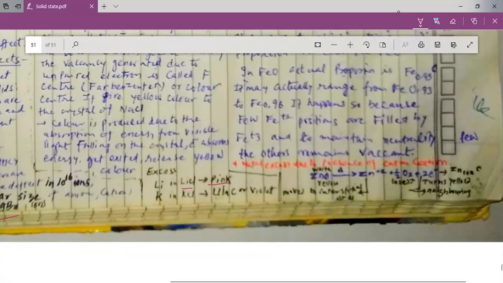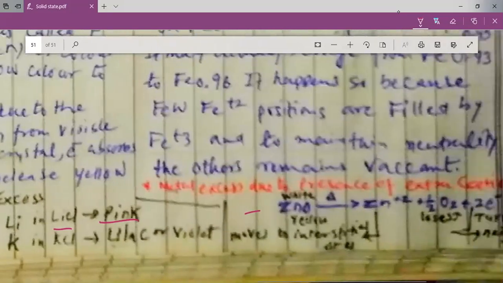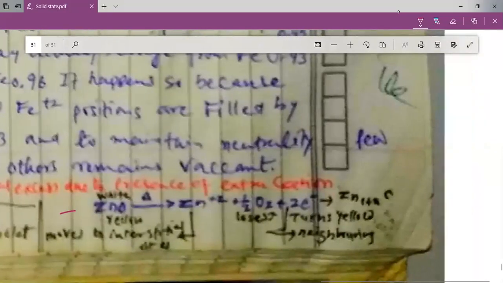Then, my dear students, we have another type of metal excess defect. That is found in the case of zinc oxide. When zinc oxide is heated, my dear students, it produces Zn2+, 1/2 oxygen gas and 2 electrons. So this 1/2 O2, or oxygen gas, goes out of the crystal, thus the vacancy is created, and thus metal Zn2+ becomes excess.